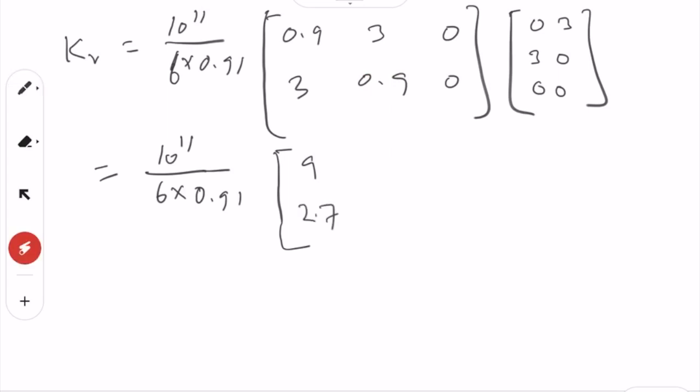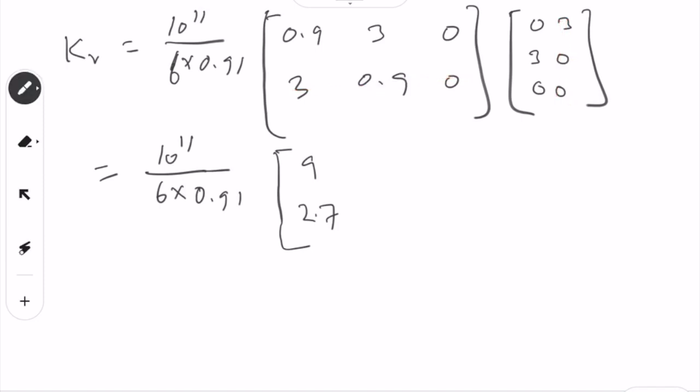Okay. Now, what about this one? Similarly, this multiplied by this one, so only this multiplies to 3, and this multiplied by this one, so only this multiplies to 3. So 9, and again this becomes 0. What do we get? We get 0.27 here, and then this multiplied by this one, then 9.